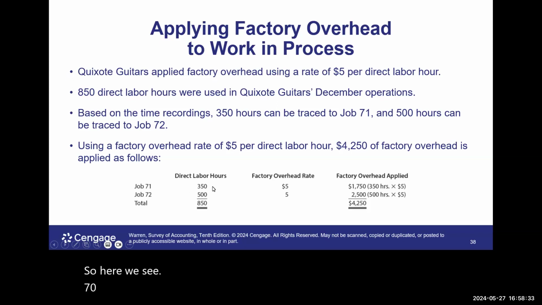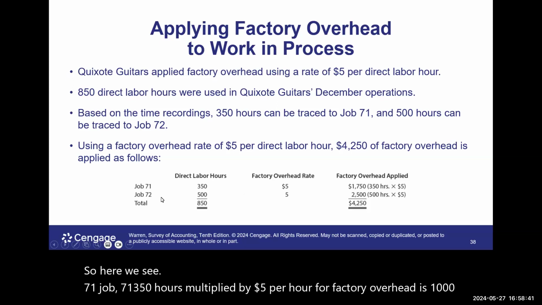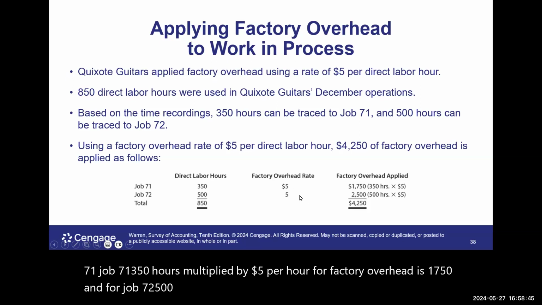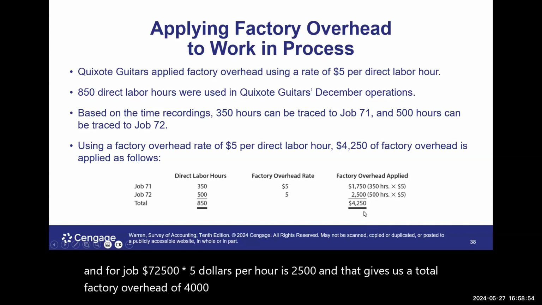So here we see job 71, 350 hours multiplied by $5 per hour for factory overhead is 1,750. And for job 72, 500 hours multiplied by $5 per hour is 2,500. That gives us a total factory overhead of $4,250.